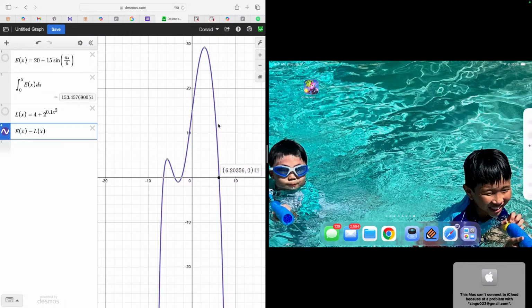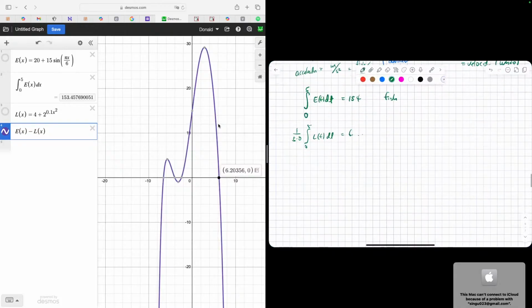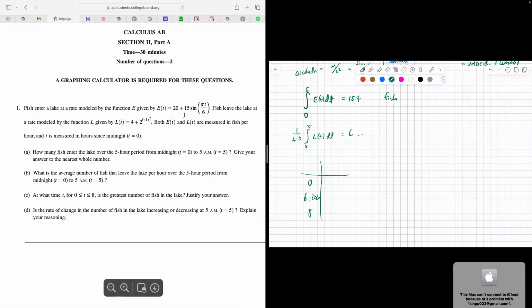So what I am going to do is write down the table at 0 and 8. And this one's 6 point what? 203. So it starts at 0 with how many fish? What did you see? 20.